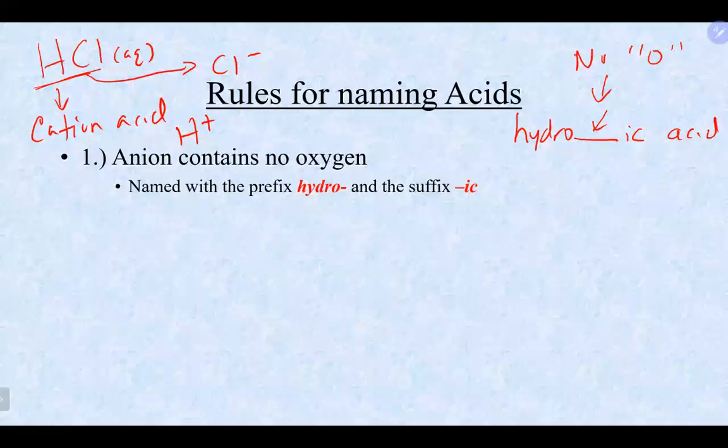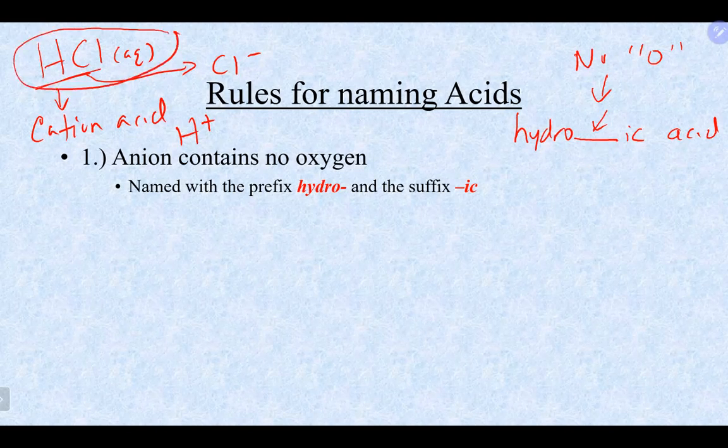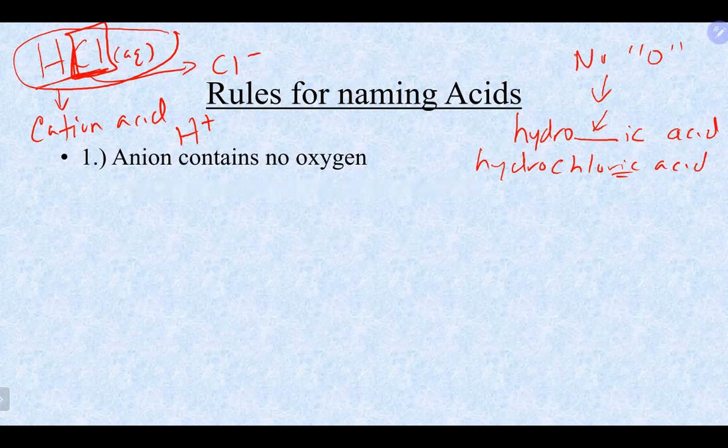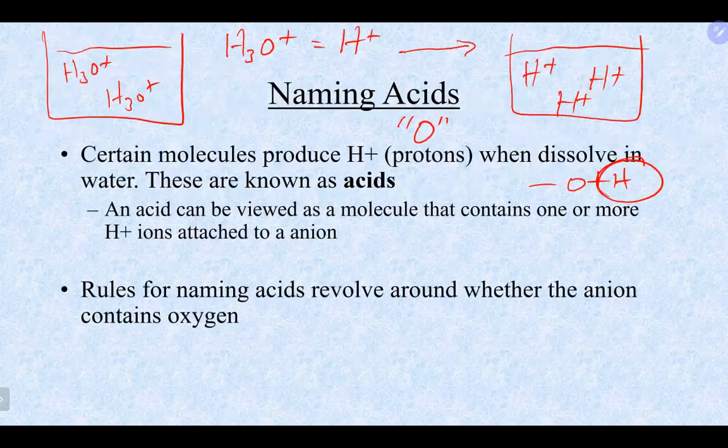So in this particular case, there is no oxygen, so this would be hydrochloric acid. Again, the chloric comes from the non-metal, the negative guy in this particular case. In addition, an acid is the ability to, in solution, break apart.